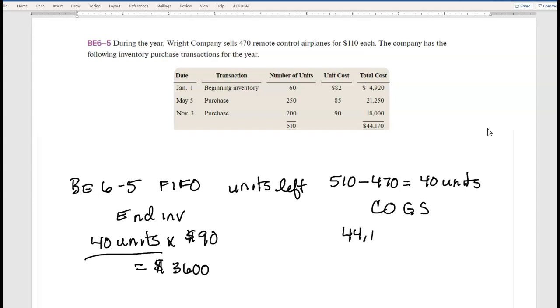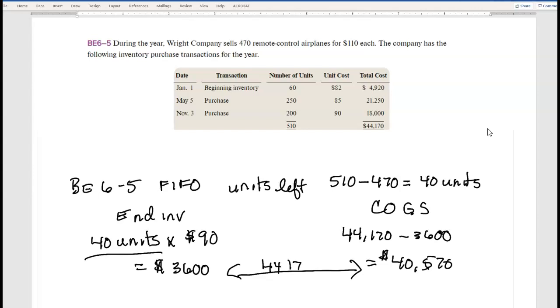So 44,170 minus 3,600 equals 40,570. That's my cost of goods sold. Those two together equal $44,170.